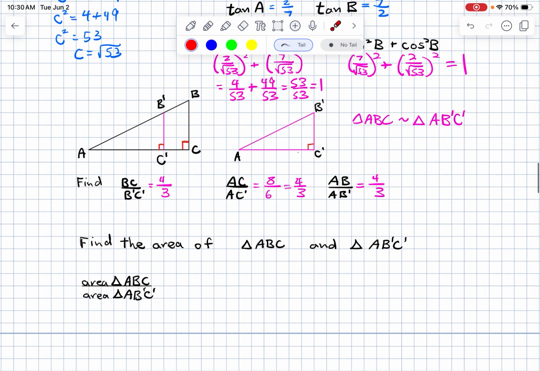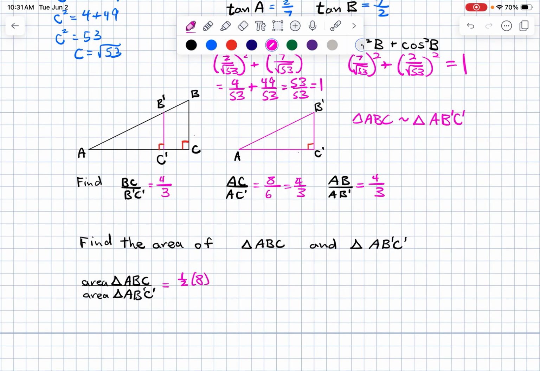Now, if you look at the ratio of the areas, like if I take this big triangle and I look at the area, well, it's 1/2 base. And what's the base? 1, 2, 3, 4, 5, 6, 7, 8. 1/2 base times the height, 1, 2, 3, 4.